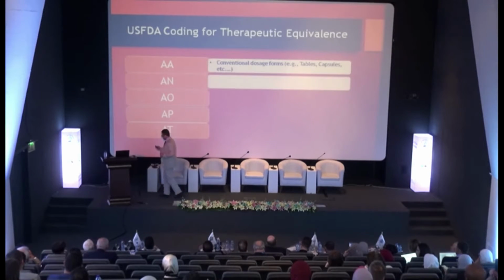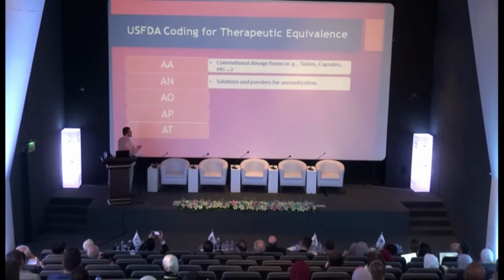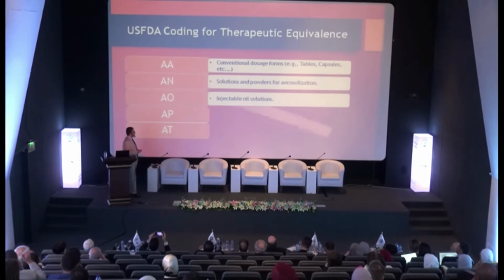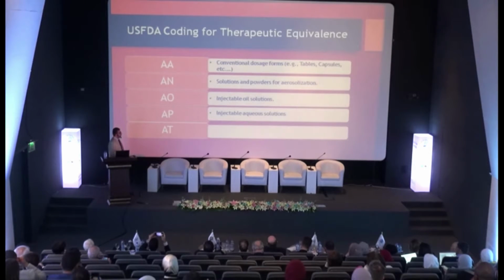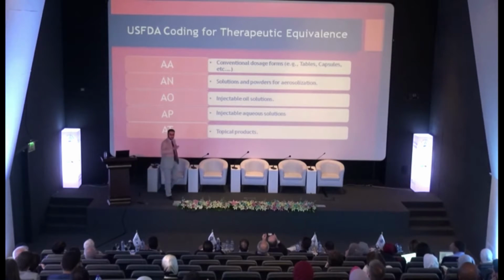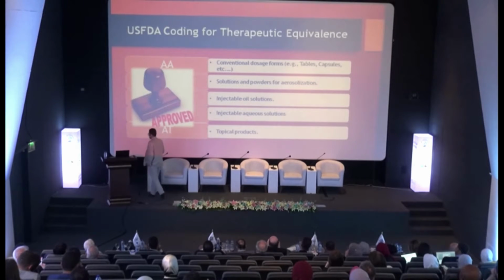AA or AB for orally administered medication, AN for solutions and powders for aerosolization, AO for injectable oil solutions, AB for injectable aqueous solutions, and AT for topical products. So if the generic product is rated in these categories, that means it can be substituted or interchanged with the brand medication, and it would be approved for substitution.